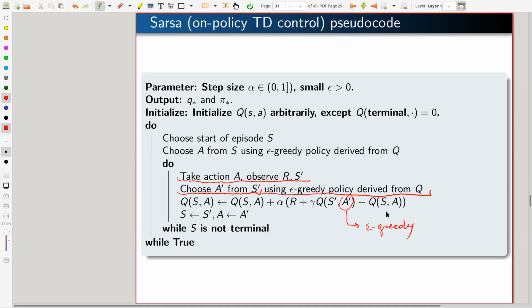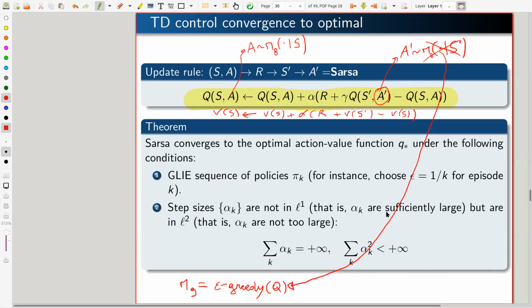As usual, the question here is, does it work? I mean, is this converging to the optimal policy? Well, it is if some conditions are satisfied. And the first condition is the same as before, that the sequence of policies must satisfy this hypothesis.